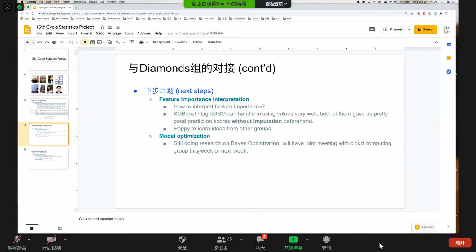Another problem is model optimization. We are still doing some research on Bayes optimization. Since I was busy last week, I haven't started on this part, but as soon as I make any progress, I will have a joint meeting with the Cloud Computing Group this week or next week. So those are the updates from the Diamond team.